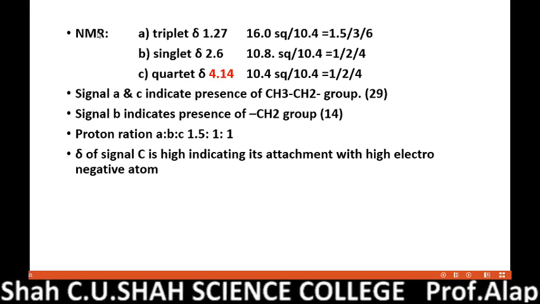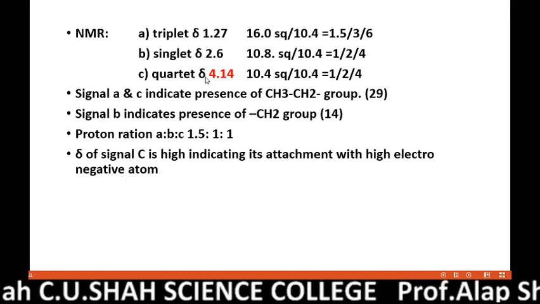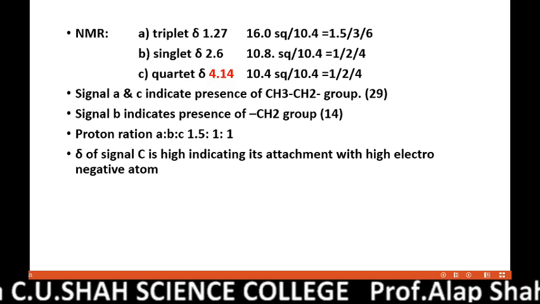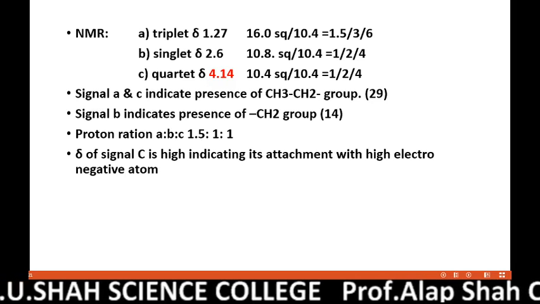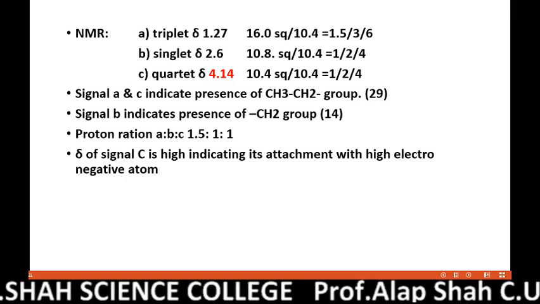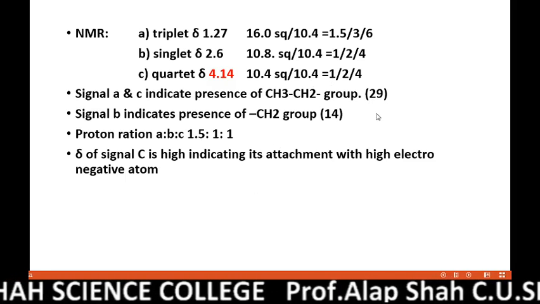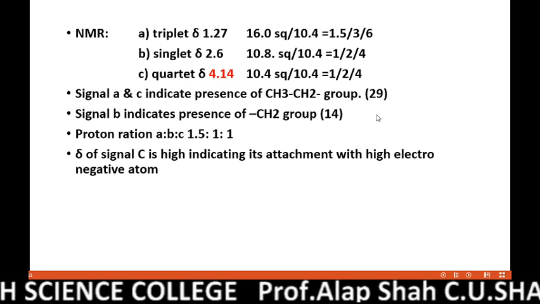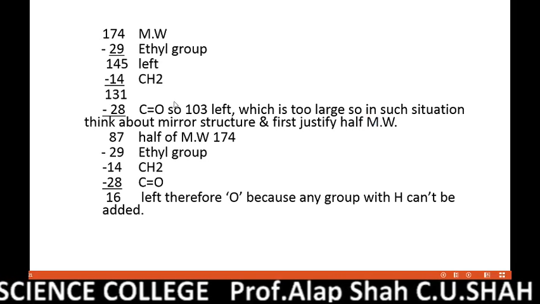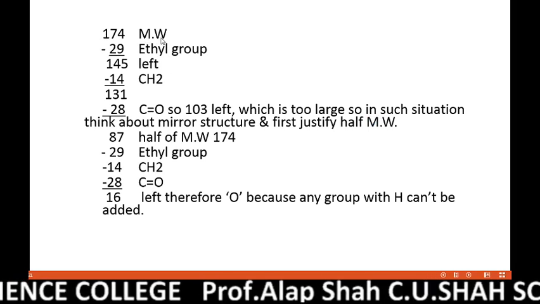So we have discussed UV, IR and NMR. Now let's subtract, because all the three signals we have solved. Whatever we have identified, let us subtract it from the given molecular weight. So 174 is the molecular weight.